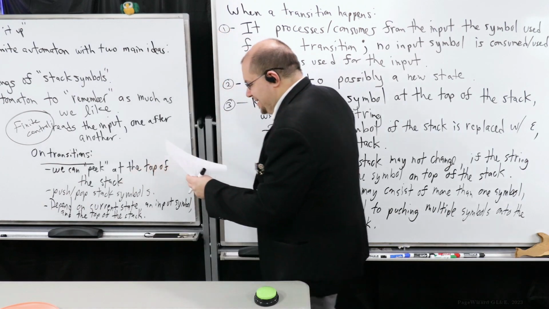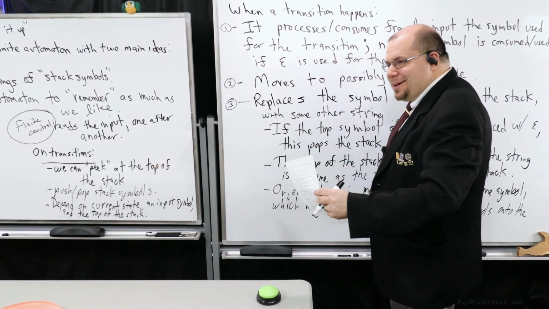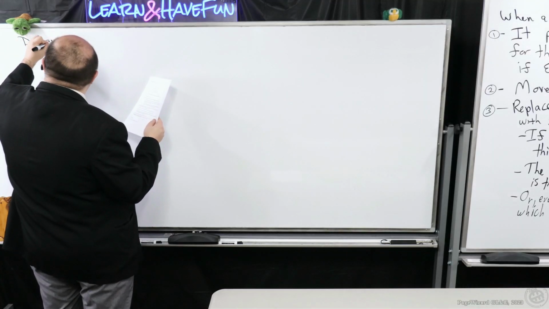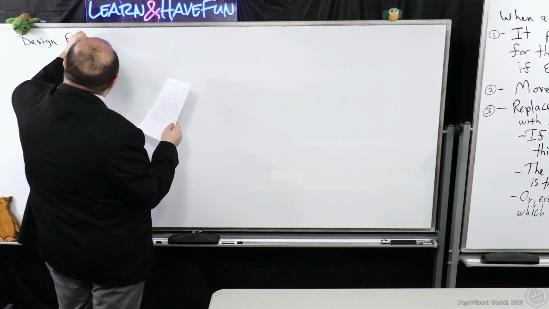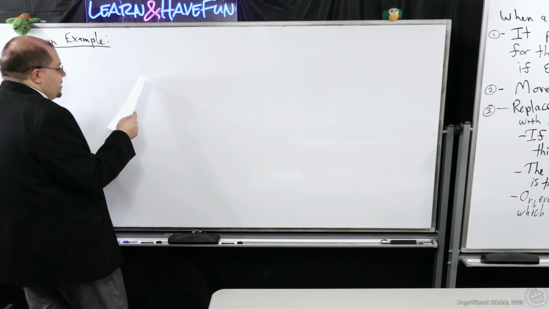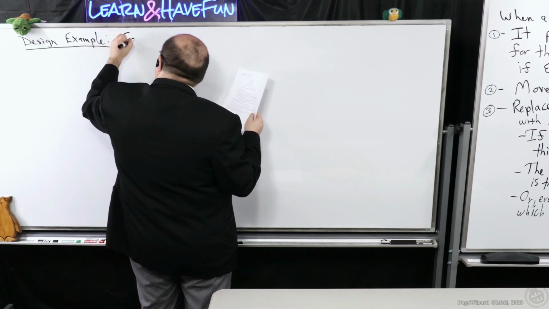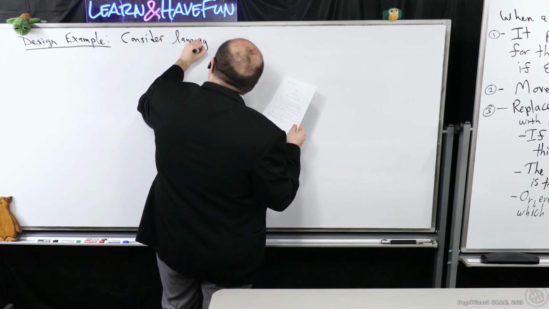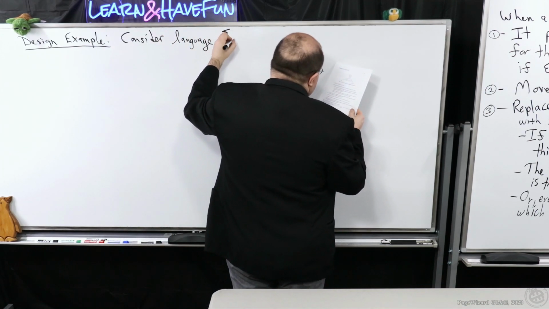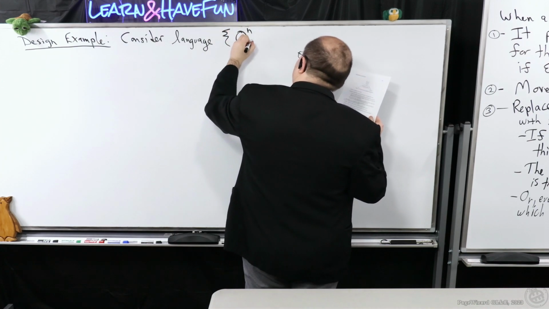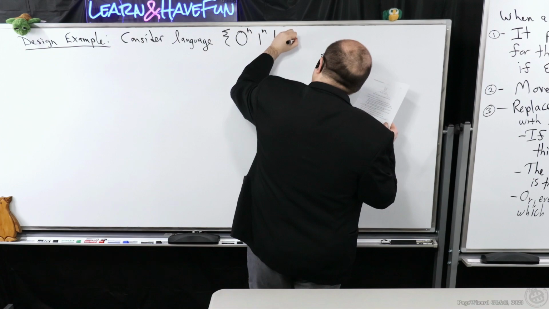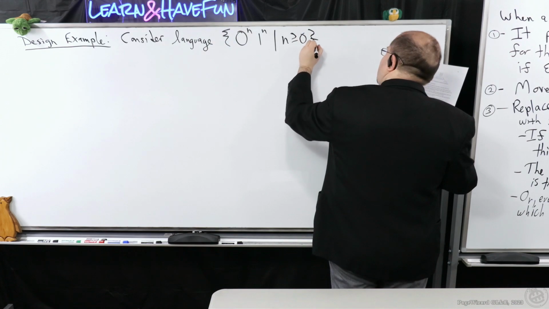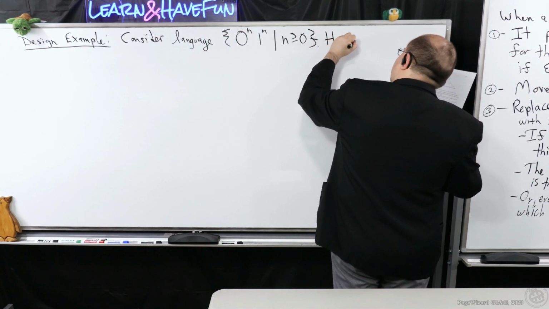Yeah, exactly. So I want to give us some intuition behind this. I'll call this a design example, just to give you some high-level view of what you can do with a PDA. Let's consider this language: 0 to the n, 1 to the n, such that n is greater or equal to 0.